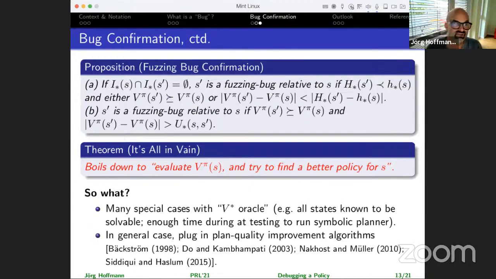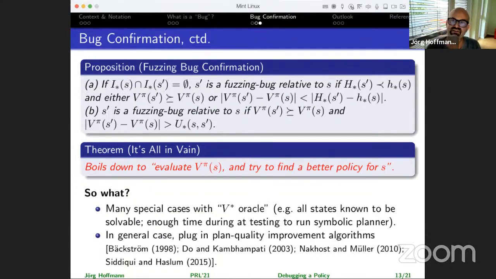Well, first, the good news is that in many practically relevant or relevant seeming cases, you actually have a V-star oracle. Namely, for example, if the question you're asking is whether the policy reaches the goal, and if the state space you're considering in classical planning, for example, happens to be invertible, and so you know that all states are indeed solvable, then you have a V-star oracle for the qualitative value function. It's 1 everywhere.